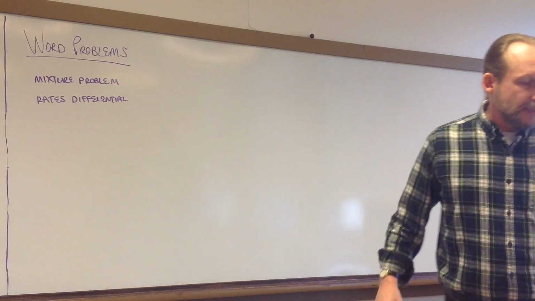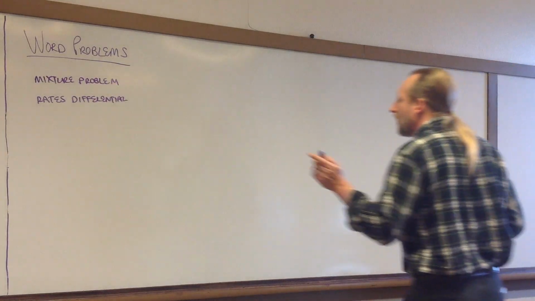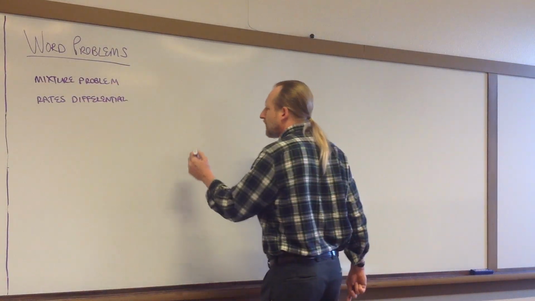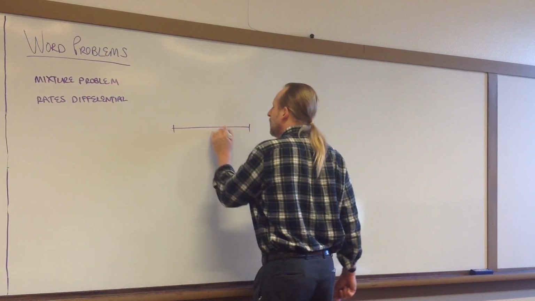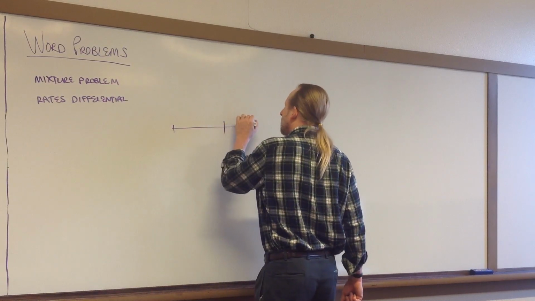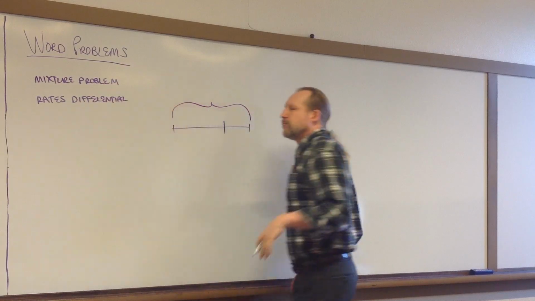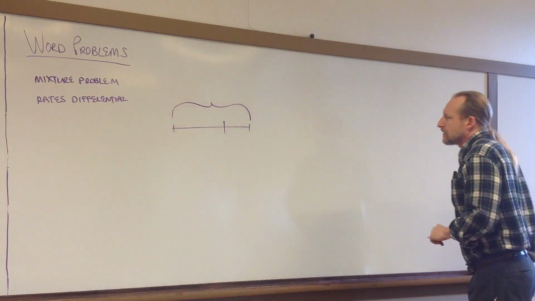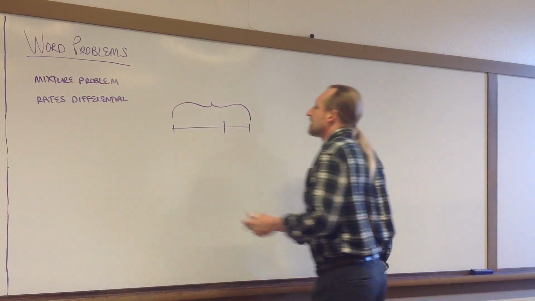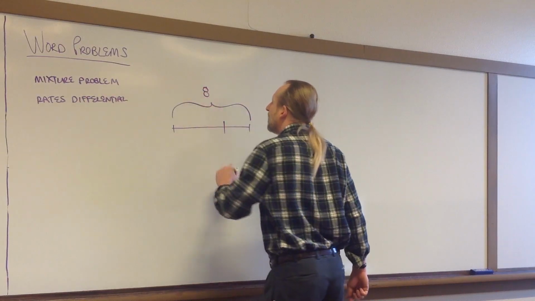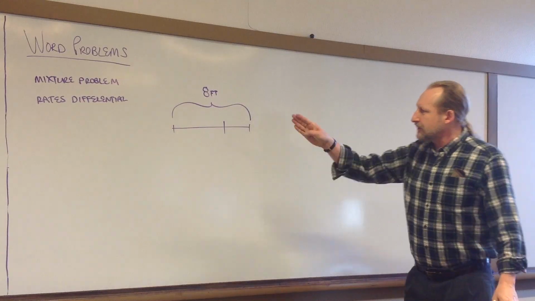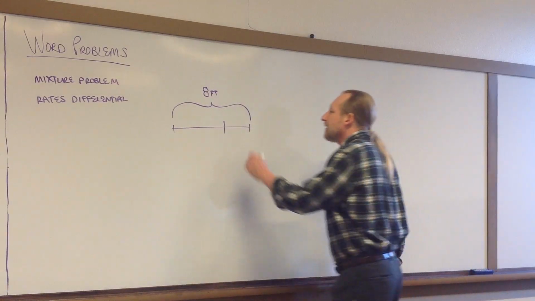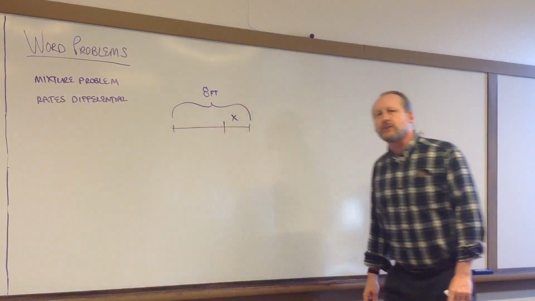Before I start this, I want to talk about something that wasn't on that introductory assignment. If you have a length, say a length of board, let's say it's an 8-foot 2x4, and we want to split this in two pieces, we call one piece x.